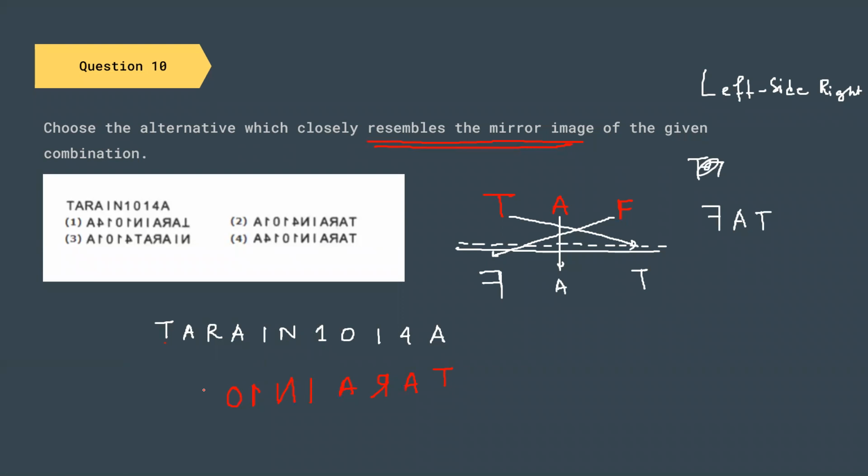This will remain the same. 4 will look like this, and last is A. So you can very much see from the options given, the final answer is 1 0 4 1 A R A E. This is our final answer. So the correct option is option number 4.